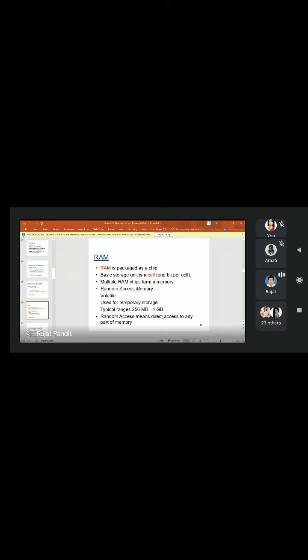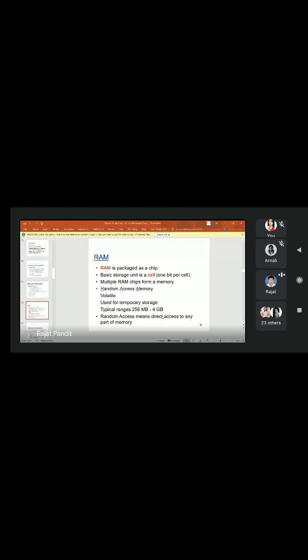So these are the characteristics of RAM. RAM is packaged as a chip. The basic storage unit is a cell, 1 bit per cell, and multiple RAM chips form memory, random access memory. It is volatile. Volatile means after switch off, all the information will be lost. It is used as temporary storage. Typical range is 256 MB to 4 GB.